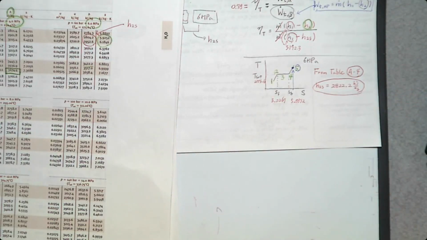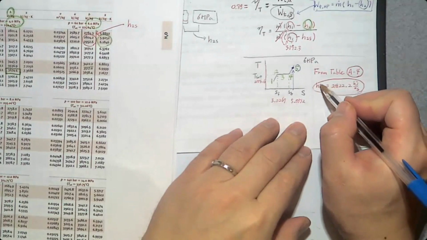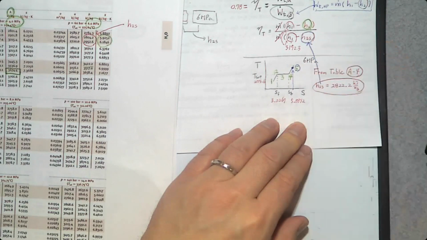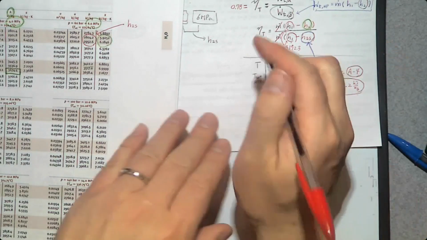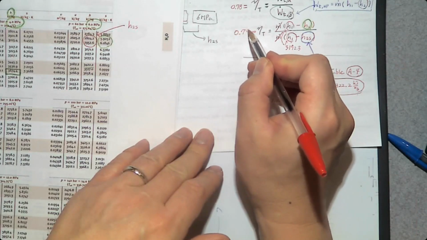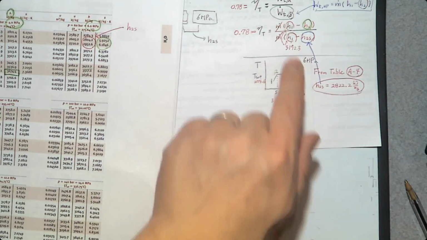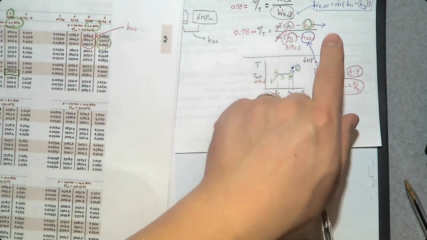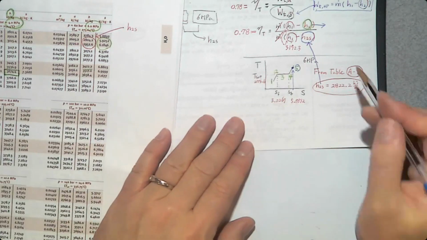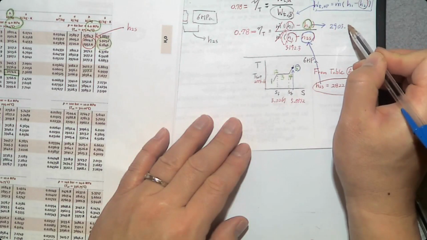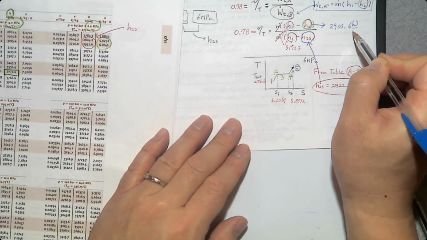This h2s goes here. And since the isentropic turbine efficiency is 0.78, we have everything but h2. So from this, h2 is 2903.6 kilojoule per kilogram.